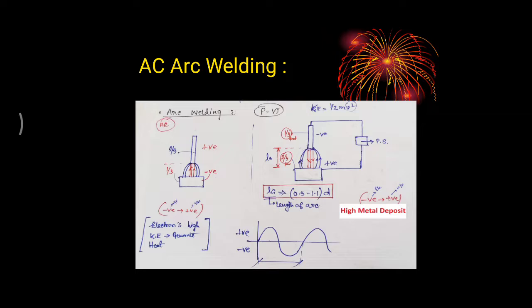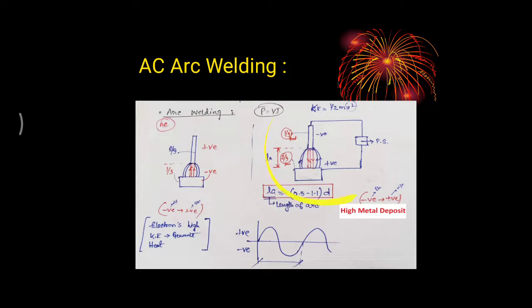When the electrode is positive and the workpiece is negative, the arc flows from negative to positive as per the electron flow. When this is done, the total heat produced in that system is 1/3 in the workpiece and 2/3 in the welding electrode, giving high deposition of the welding electrode.